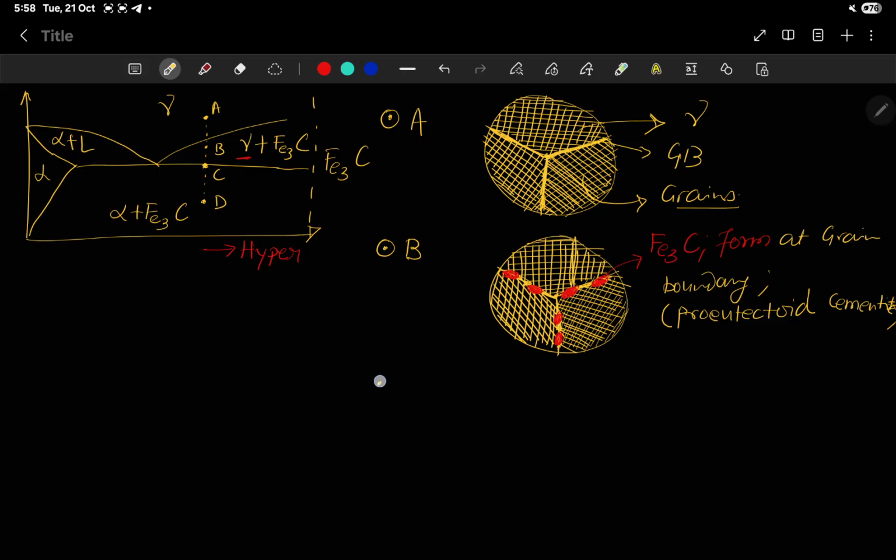Now let's see what is happening for point C. Again draw a circle, and just draw three rectangles, as we have drawn in the earlier case.